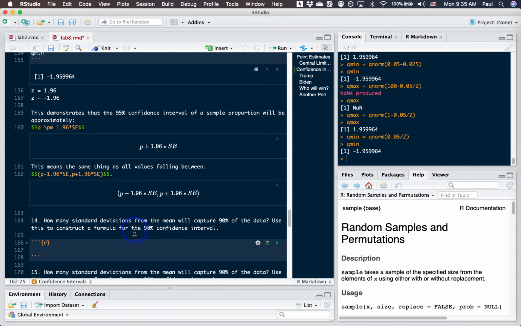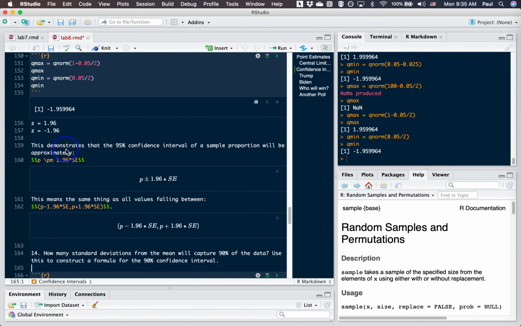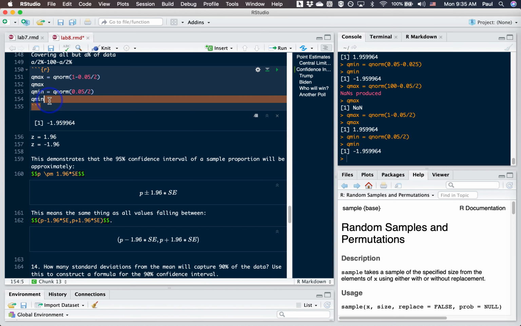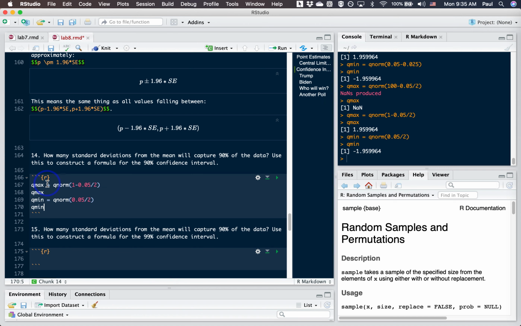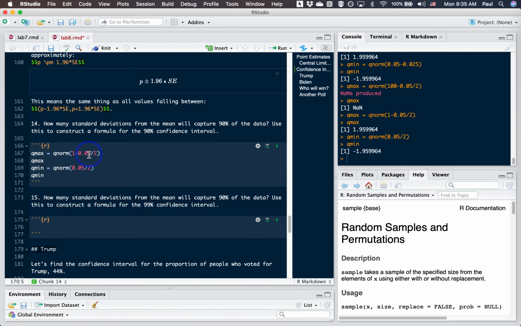This is kind of theoretical, but let's generalize it. What if we only want to cover 90% of the data? We would do the same thing as above, but if we cover 90% of the data, there's 10% that we're not covering. So we say 1 minus 10% over 2, and 10% over 2.